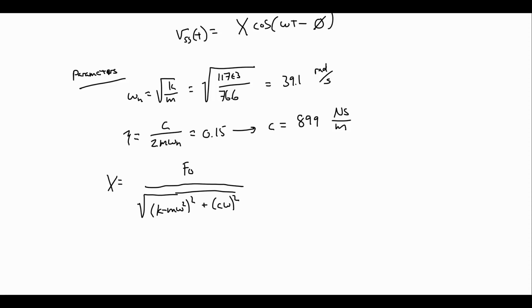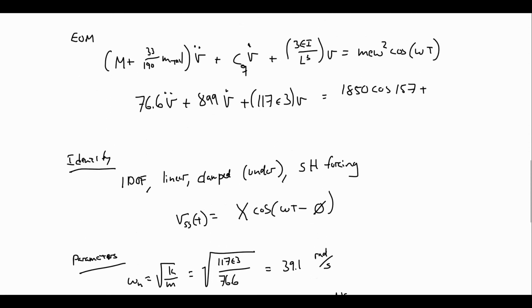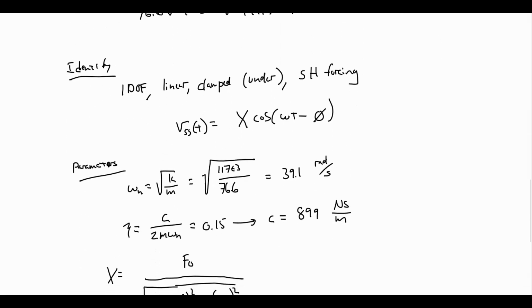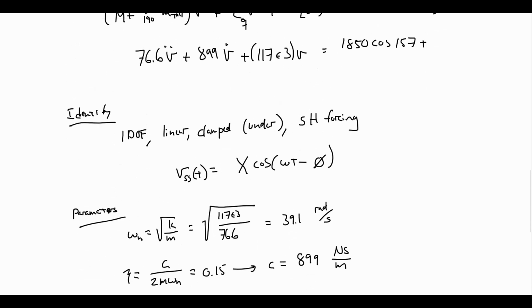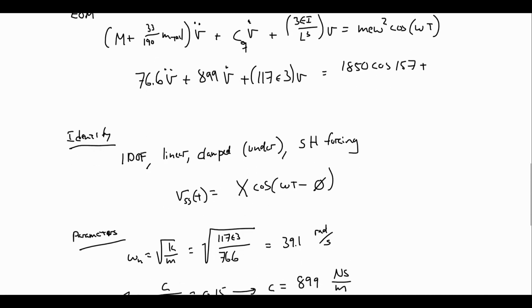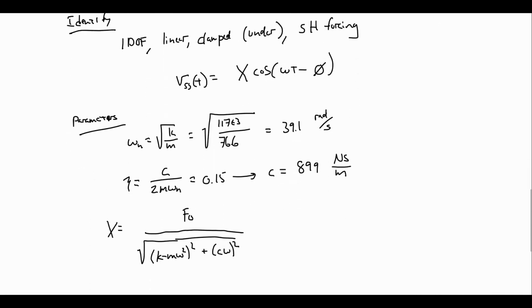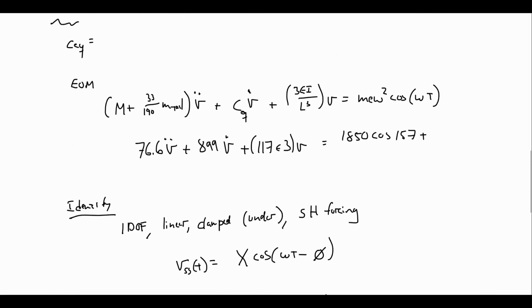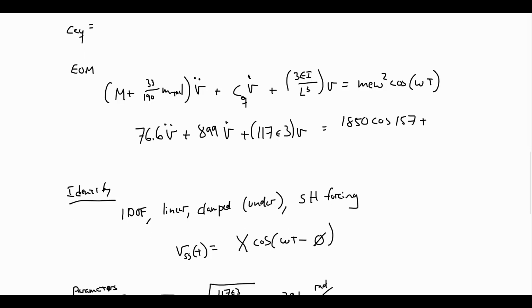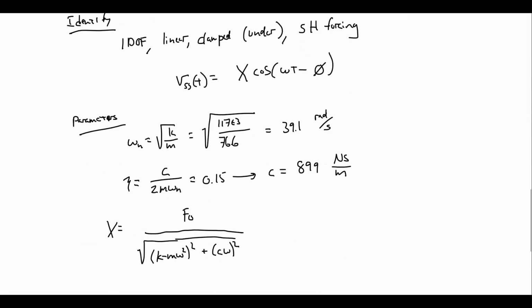All right, so we already know our f naught. That was the amplitude of our forcing function, 1850 newtons. And the k we calculated from the equivalent stiffness, 117,000. M we got from the equivalent mass, which was the mass of the rotor plus the effective mass from the tail section, so that's 76.6 kilograms. And c we got to be 899, and we know the driving frequency is 157 radians per second.